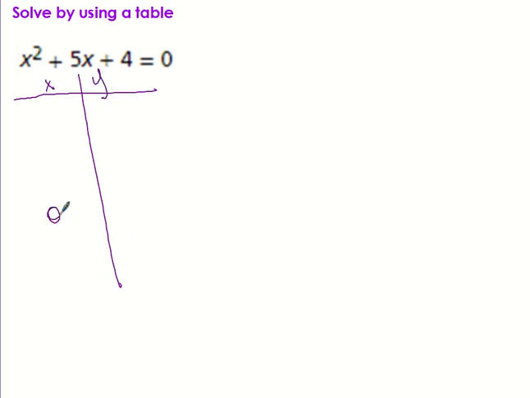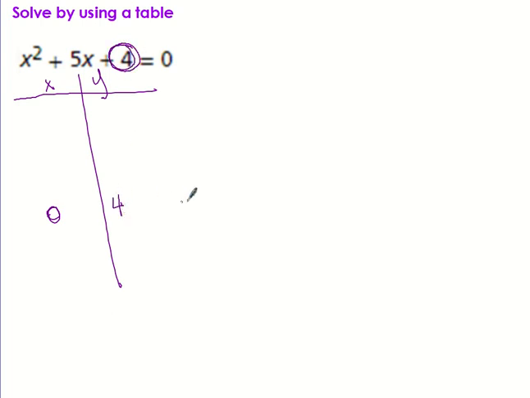I really like to use 0. And then you'll notice I left some space above and below, just depending on where I need to find my y is 0. So remember, we are looking for when y is 0, not when x is 0. This would be our x-intercept. We do know that this is our y-intercept, right?